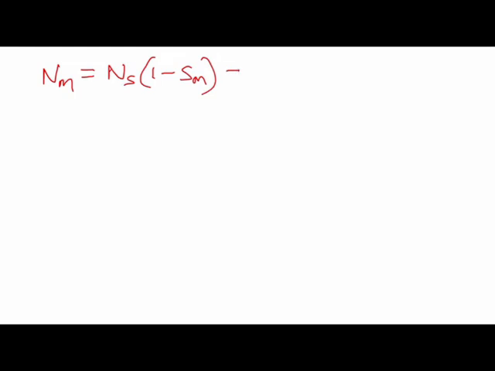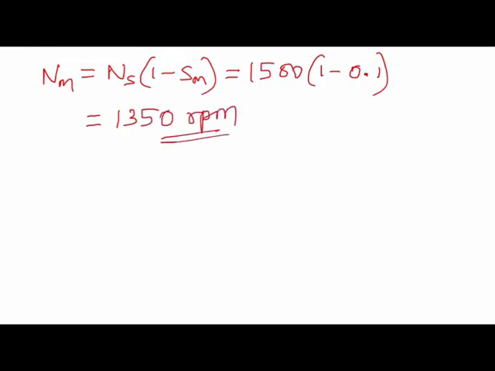Substituting, ns is 1500 into 1 minus Sm, which is 0.1, we get the speed as 1350 rpm. So when the motor is delivering maximum torque, it is running at 1350 rpm.